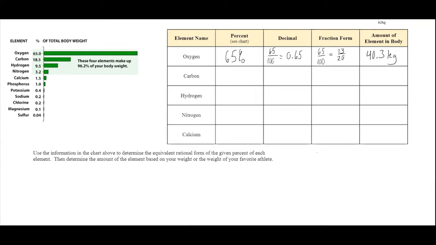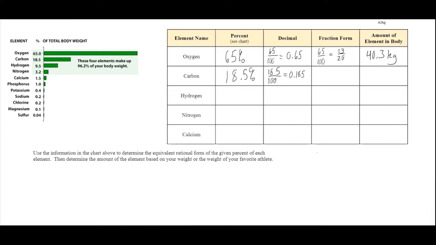Next, for carbon, we see that carbon has a percent yield of 18.5%. Taking the decimal form, again, 18.5 divided by 100 is equal to 185 thousandths.